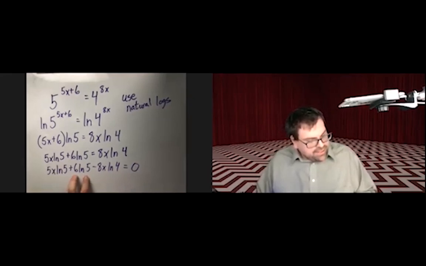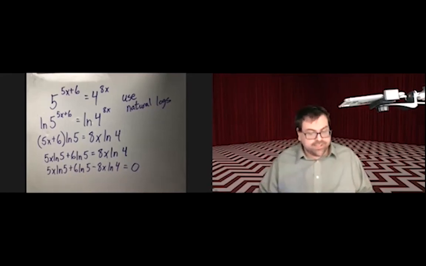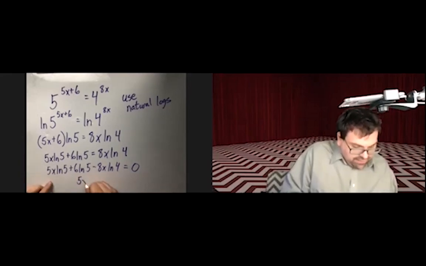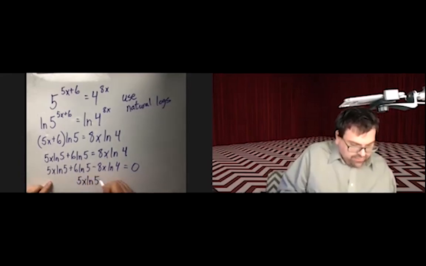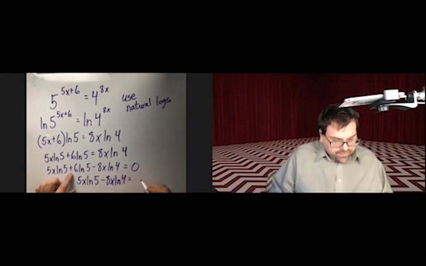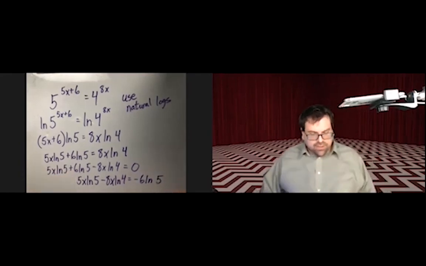But I'm going to subtract the 6 natural log of 5. And you'll see why we're getting all the x's on one side in just a second. But this would leave 5x natural log of 5 minus 8x natural log of 4. Subtracting this over, so this equals negative 6 natural log of 5.